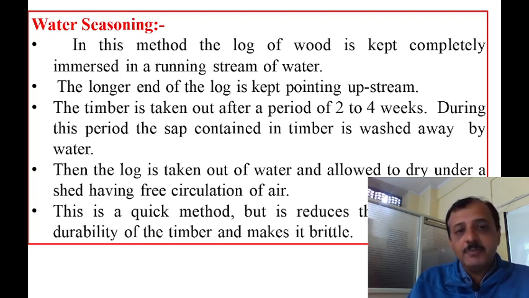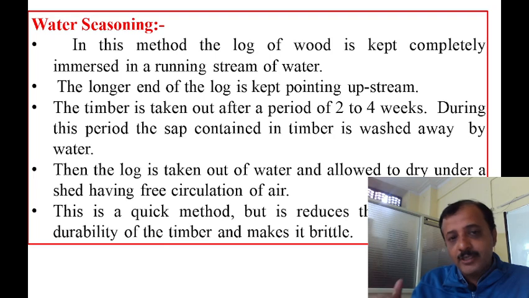So what we are doing in this method? The log of wood is kept completely immersed in a running stream of water. It is very important, a running stream of water. And the longer end of the log is pointing towards the upstream direction. It is kept like that for 2 to 4 weeks.